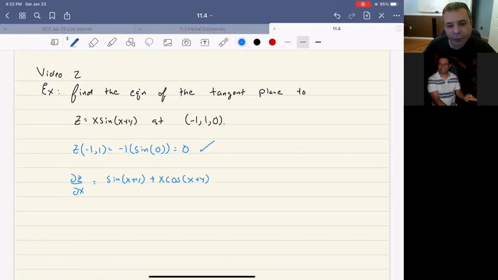Partial z with respect to y, that's going to equal what? x cosine x plus y. Okay, so we're going to evaluate those at x equals -1, y equals 1.